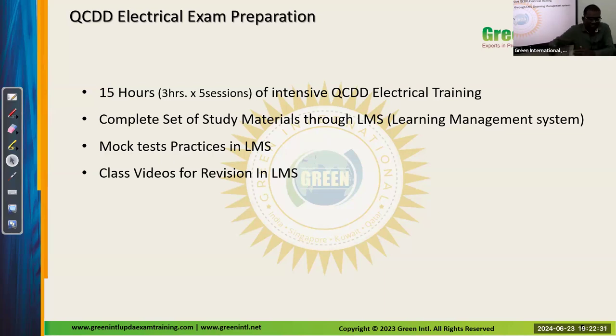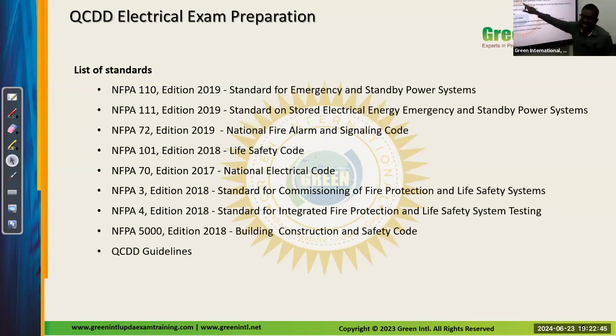Suppose at the end of the first class, you refer to the mock exam for NFPA 110, 111. In this way, we have 6 different mock exams. The first mock exam is related to these 2 standards.